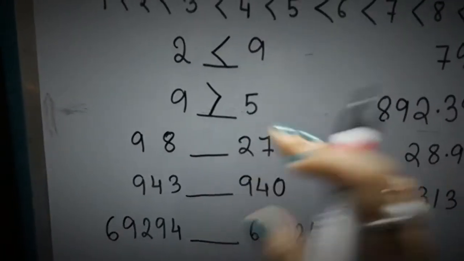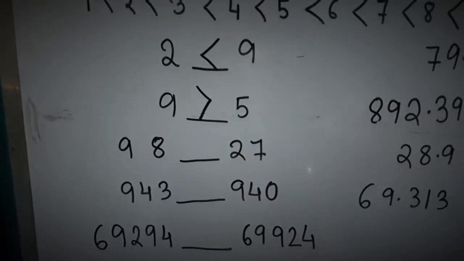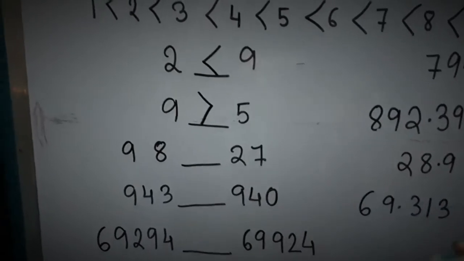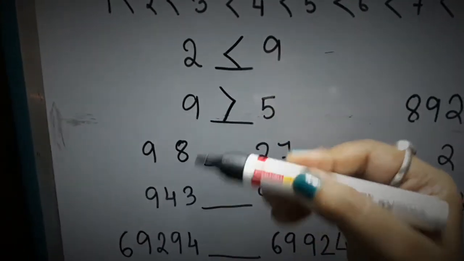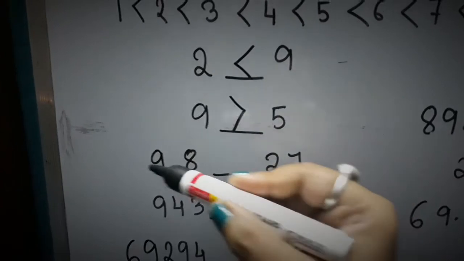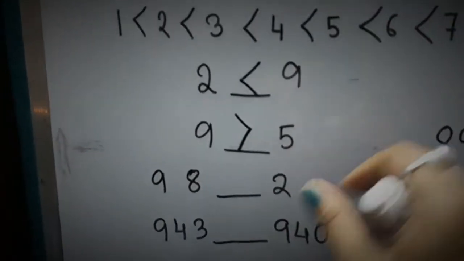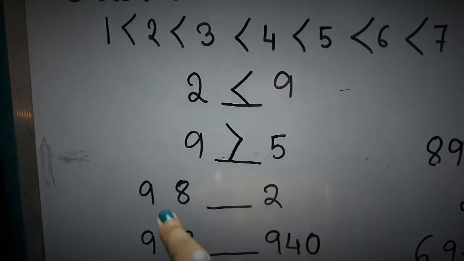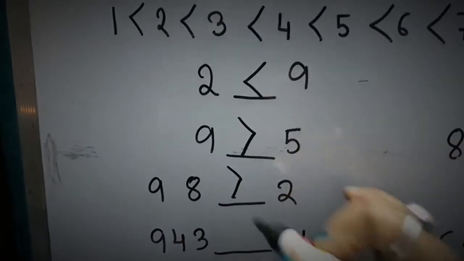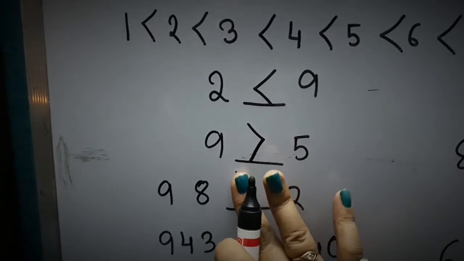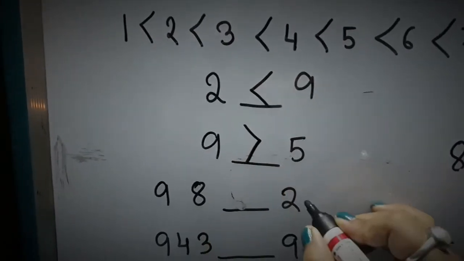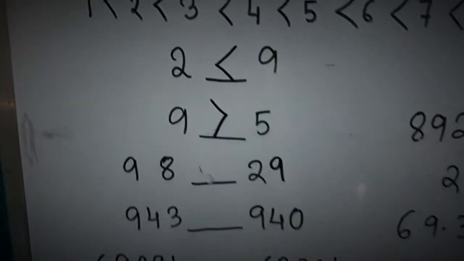Now 2 digits. Before we do this, one thing I will tell you: when you do any larger digits, first you count the digits. Suppose it is like this, 2 digits and 1 digit, of course the 2 digit is greater. Now suppose there are 2 digits on both sides.